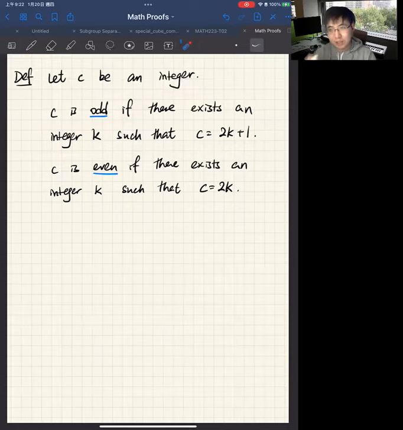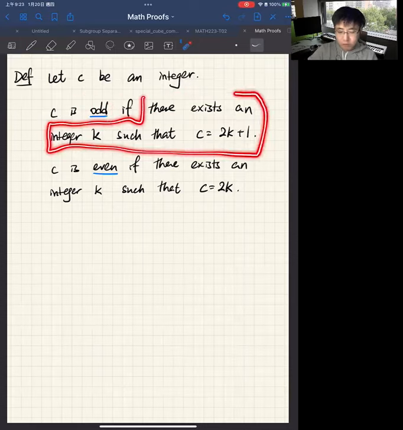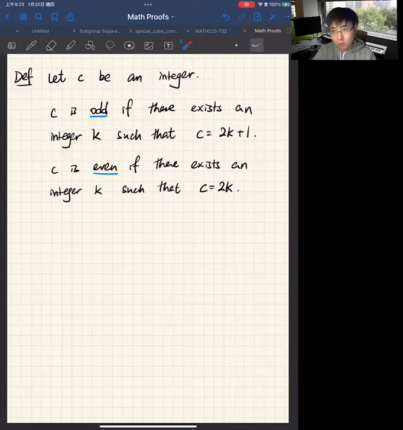If you look up a word in a dictionary, it shows you a definition. This is the exact same thing. If you check the word odd, it shows you the definition as follows. That's why you need to underscore it and understand that it's not an implication. So you know what is odd and what is even.